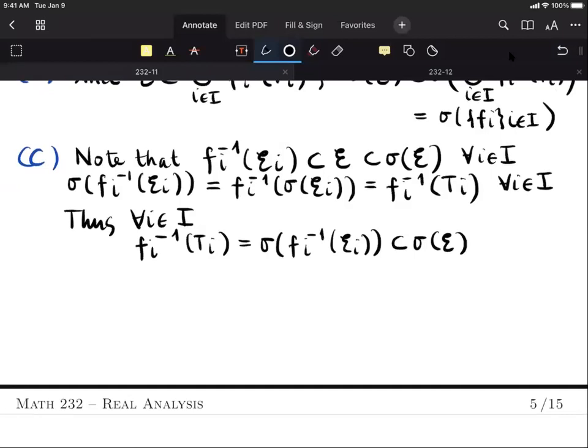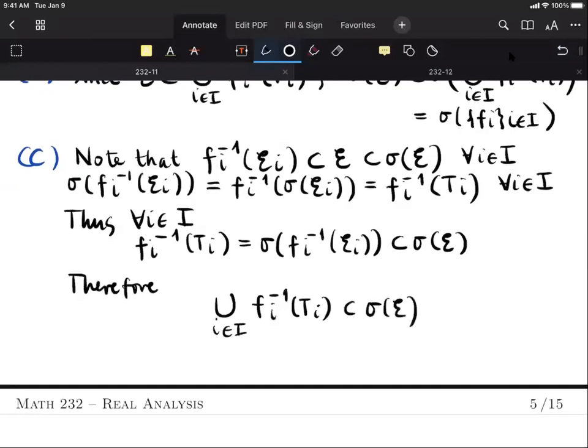Hence, taking the union, all the inverse images of T sub I are contained in sigma sub E. So therefore, the union is also contained in sigma sub E. So this is a particular sigma algebra containing the union. Therefore, the sigma algebra generated by this is also a subset of that.